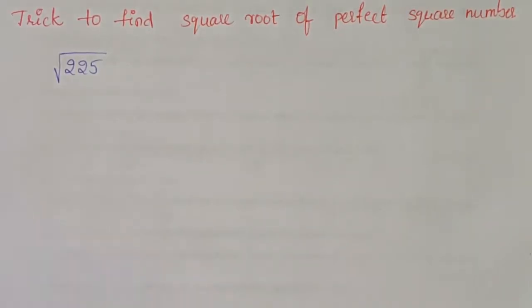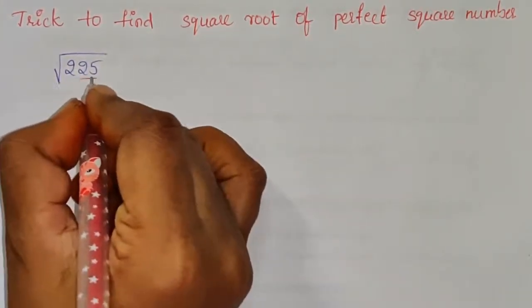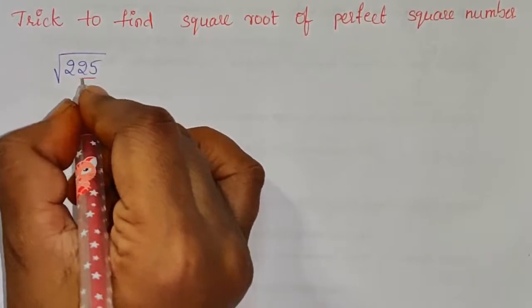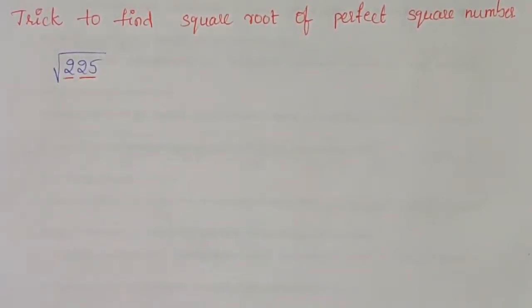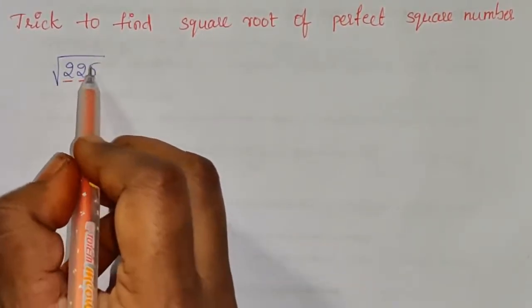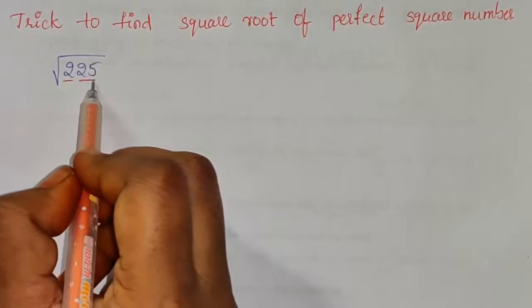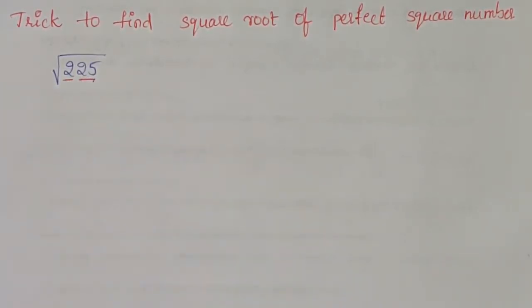First of all, we should pair up the two numbers from the units place, from the right side, that is 25 and 2. I am pairing up. Here in the units place we have 5. So 5 is a perfect square number. For which number we will get 5?